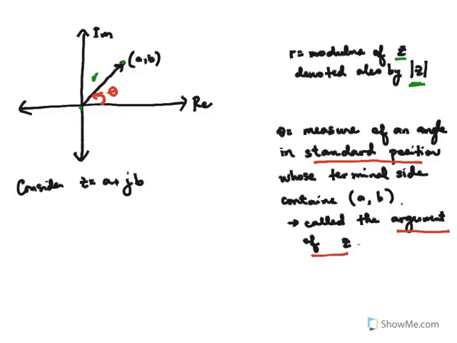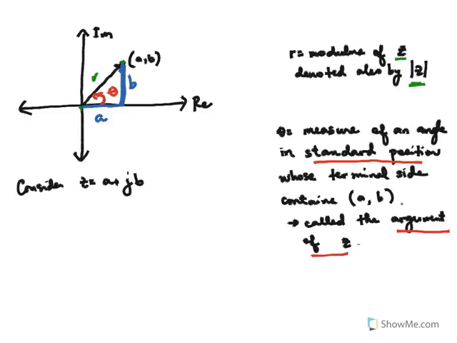So for this given example, we can draw a triangle. Basically, it's a right triangle in which this leg of your triangle corresponds to a, and this leg of the triangle corresponds to b. So you have a right triangle in which r is the hypotenuse, a and b are the legs, and theta is the base angle.